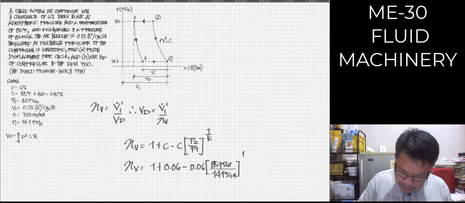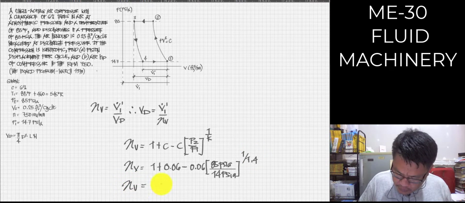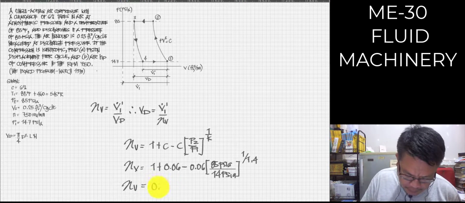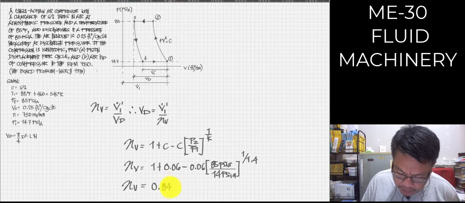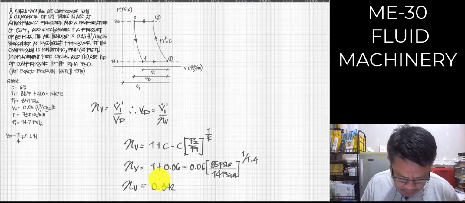So this is divided by 1.4. So we can compute the volumetric efficiency is equal to 0.842. Okay, so that will be the value of our volumetric efficiency.